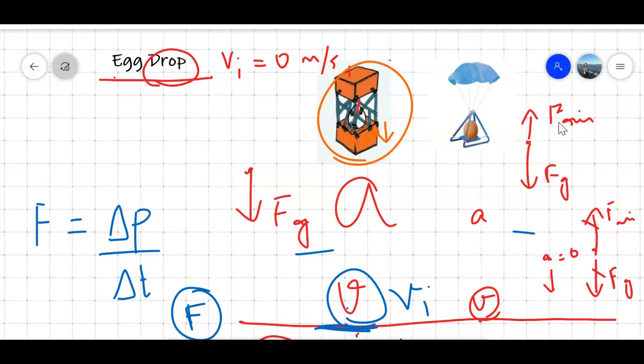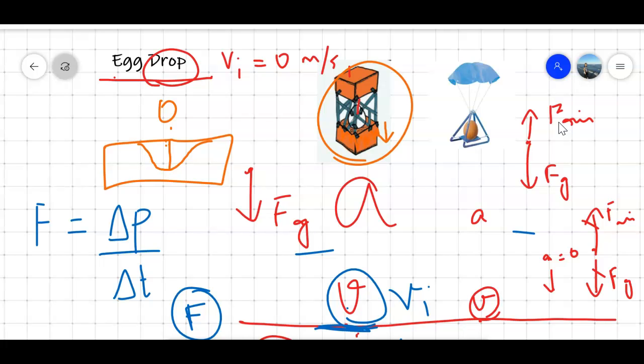That is as though you dropped the egg in some sort of a foam bed. When it hits here, it is not going to stop here. It's going to sink and make a depression into the foam bed and slowly stop. So that increases the time of impact. So wherever there is a cushion or a padding to the egg, that increases the stopping time for the egg.